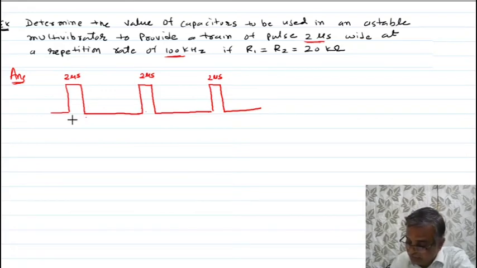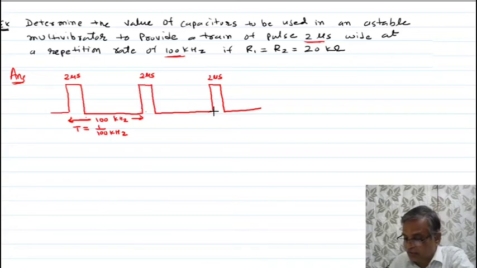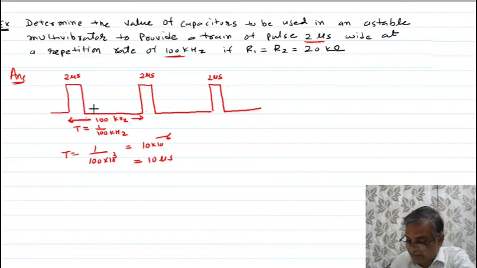After 100 kilohertz, you want to get another pulse. So this T is 1 upon 100 kilohertz, which is 10 microsecond.